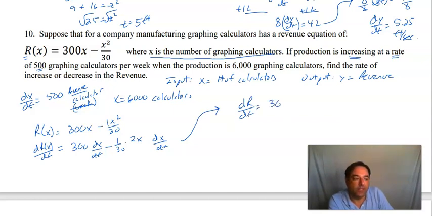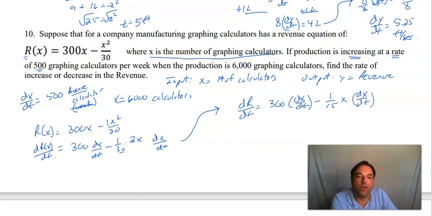We have 300 times dx over dt, which is the derivative of x with respect to time, minus, now we have 2 over 30, which will simplify to 1 over 15 x dx over dt. So we want to find the rate of change, increase or decrease in the revenue. So we're trying to do this over time.